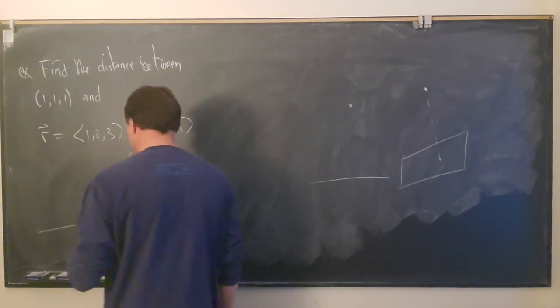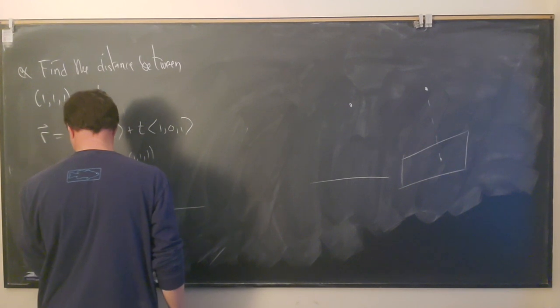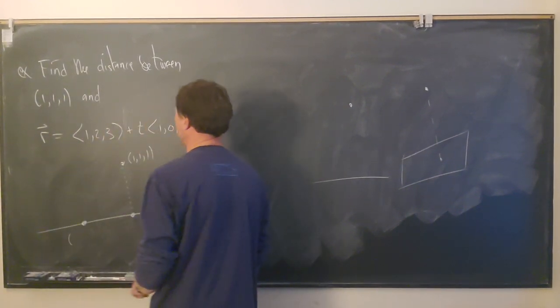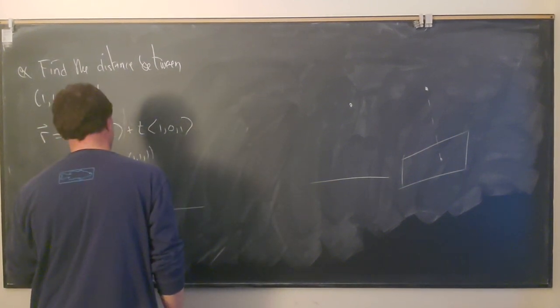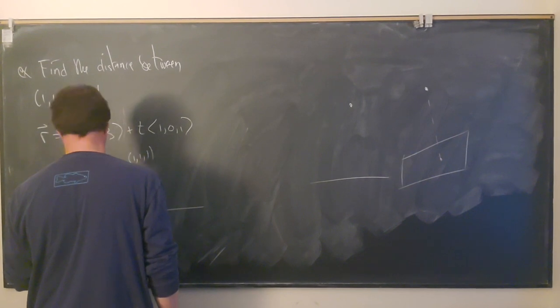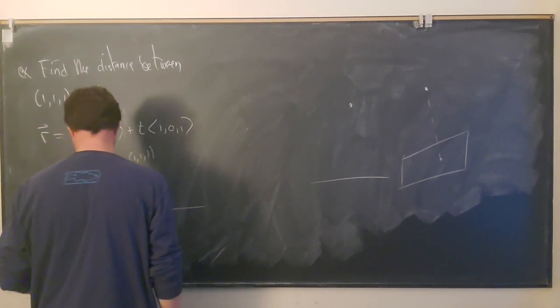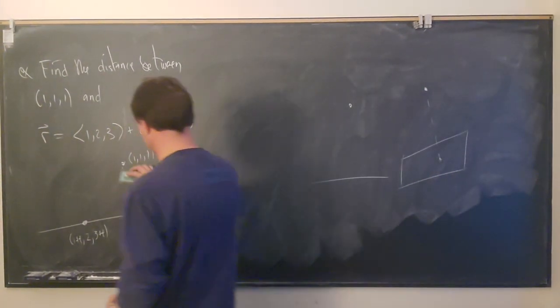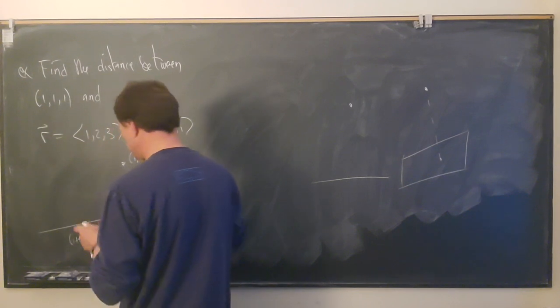Now, if you think in terms of parametric, any point on this line is of the form (1 plus t, 2, 3 plus t). So here's the idea.